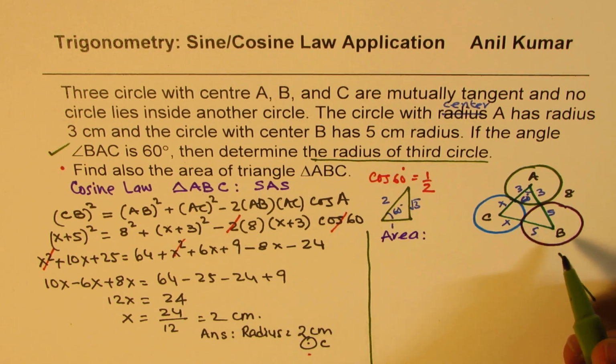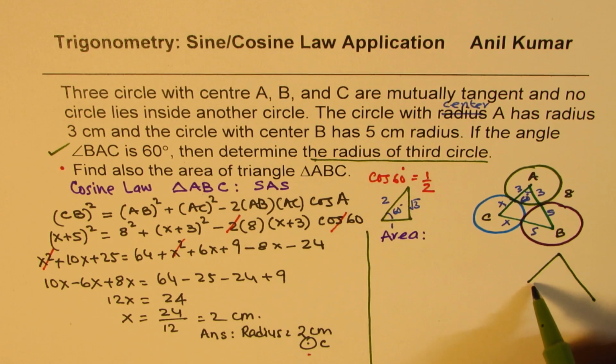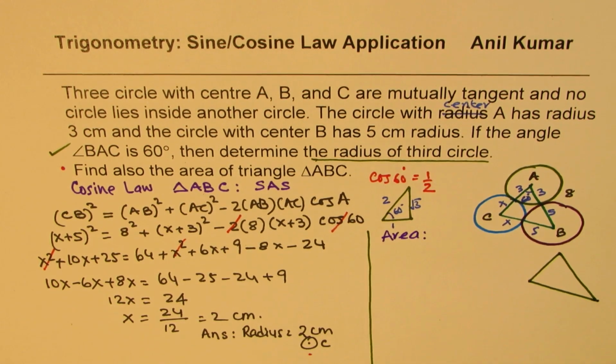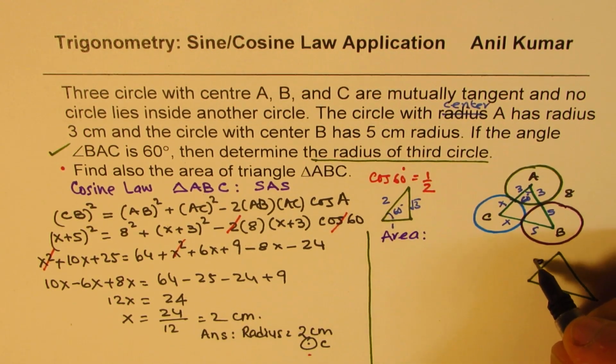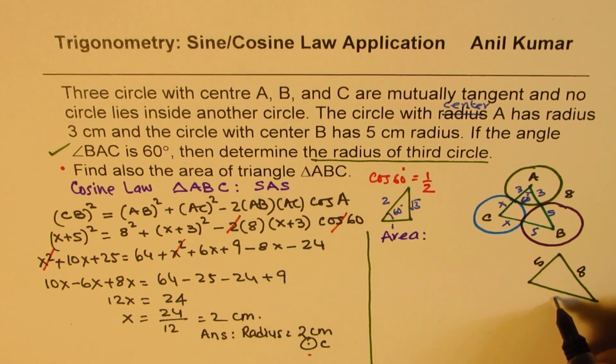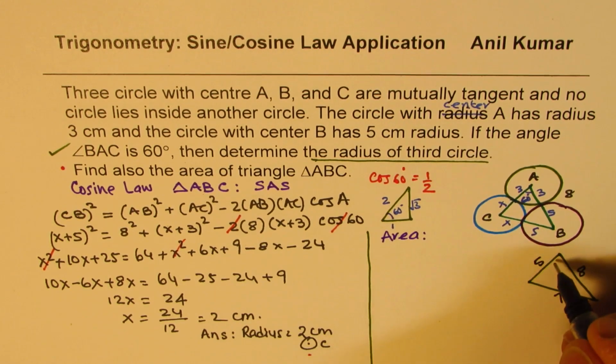And this is 7, right? So let's say this is our triangle. So we know this side is 3 plus 2, so this is 5 for us, this is 8 for us, this is 7 for us. We know this angle here is 60 degrees.